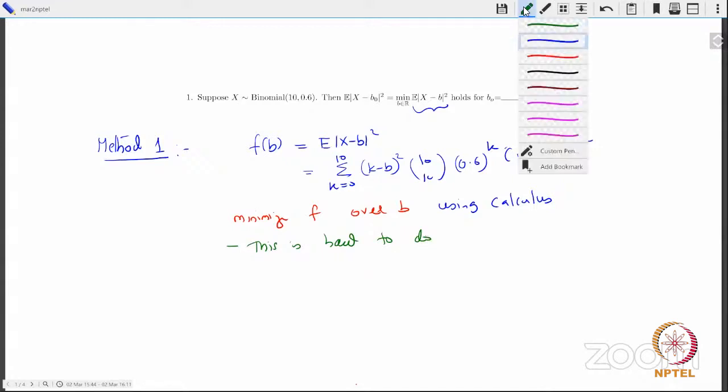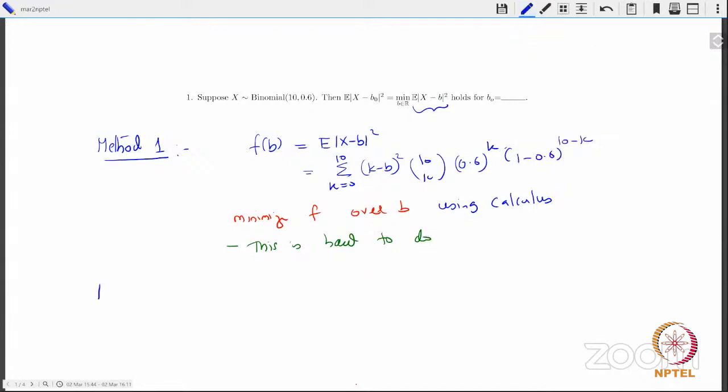But the probabilistic way of understanding this is the following. It's a little trick. If you know the answer, fine; if you don't, it's a little hard to guess the idea. The idea is the following. You take the expected value of (X minus b) whole squared. You're trying to minimize, in general, the deviation from b squared.